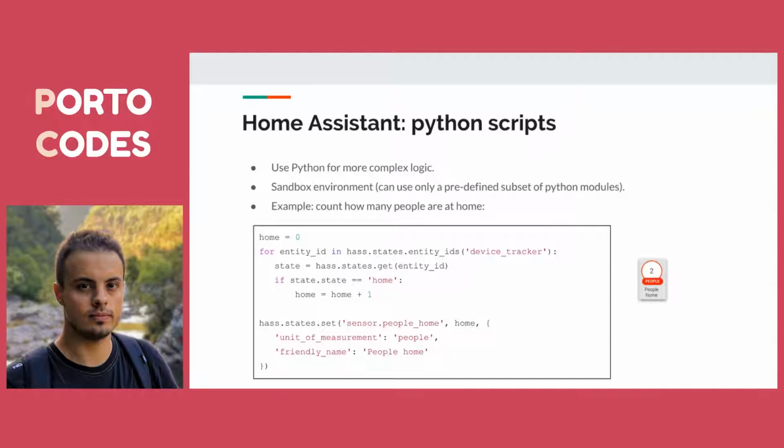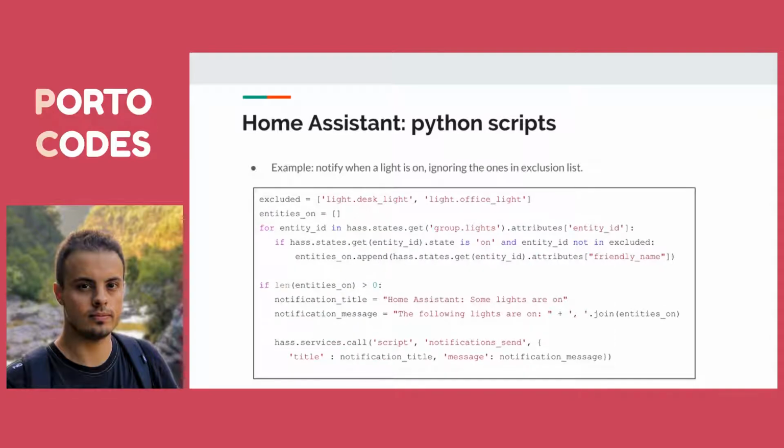This is just a very basic example, but Python scripts are very useful because using YAML to program something like this is not very nice. You can use templates, Jinja templates in YAML, but still using Python is pretty much better. This is another example where we notify the user.